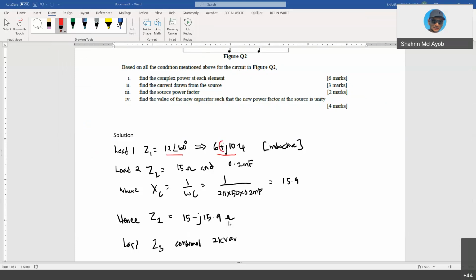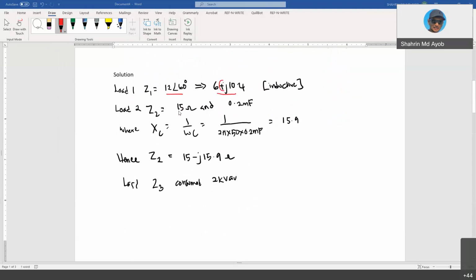And for load 2, it only gives me information about the resistor value and also the capacitor. So the capacitor you need to convert into reactance, which is XC, which is 1 over omega C. For an inductor it is XL, which is omega L. Okay, so please take note of that.